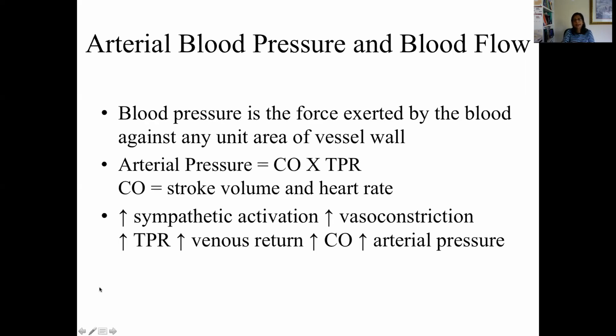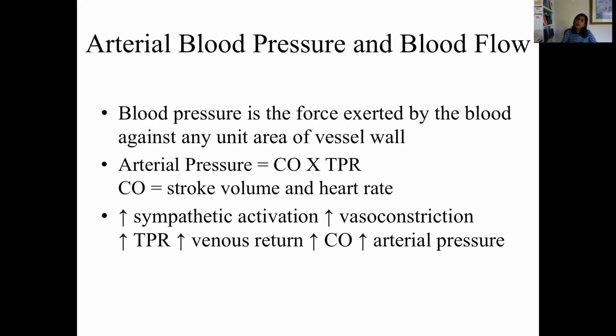If there is sympathetic activation, so I have shown the arrow as going up, increased sympathetic activation is how we read this, would cause increased vasoconstriction. If you recall, arterioles are the ones that are referred to as resistance vessels. They are the ones that are innervated extensively by the sympathetic system, narrow lumen.